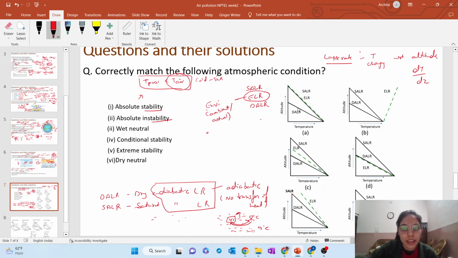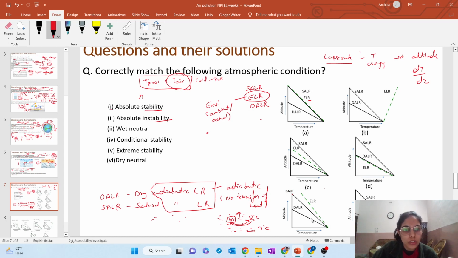It can happen when the DLR and SLR are on either side of the ELR. So let's find a curve with ELR on one side: these are two curves in which ELR is on one side of the two lapse rates, either above them or below them.